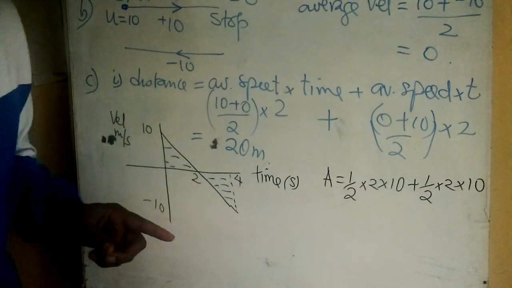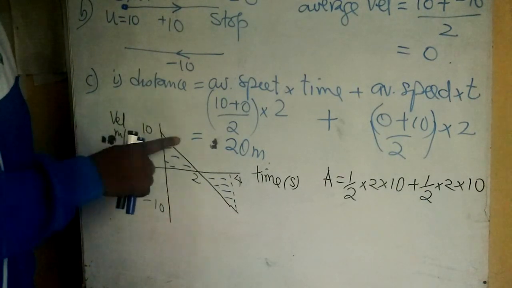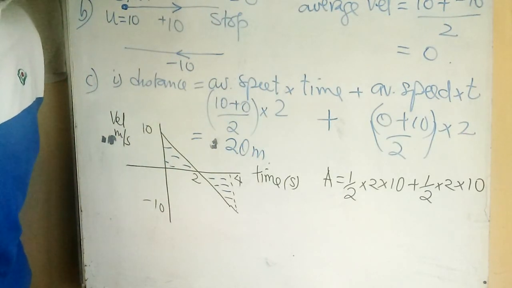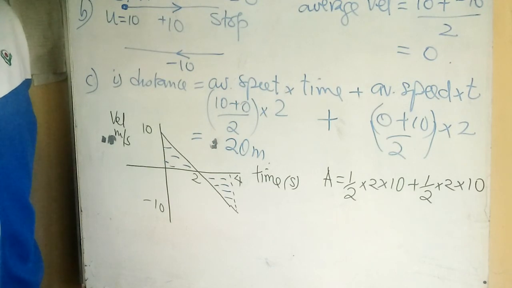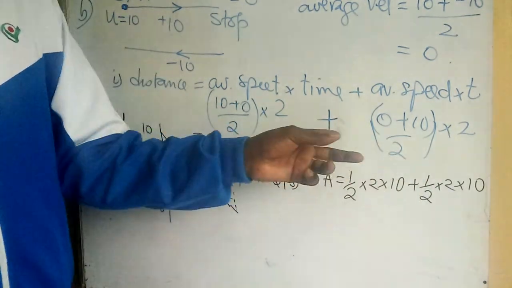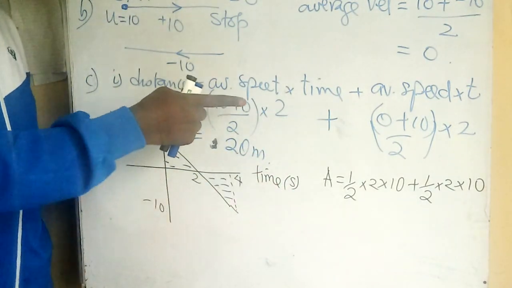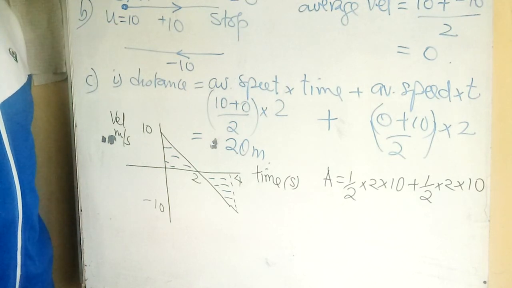Now for distance, I've used this and that, the tens, but I've not put a negative 10 there because I'm talking of distance. It is a scalar quantity. So when you have this and this, you still get the same 20. This is graphically, this is by normal calculation. Okay?